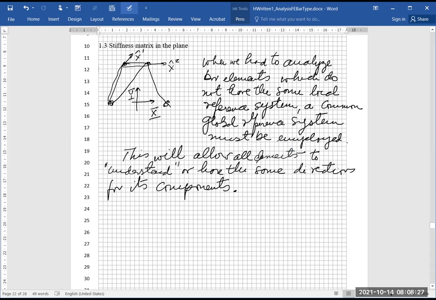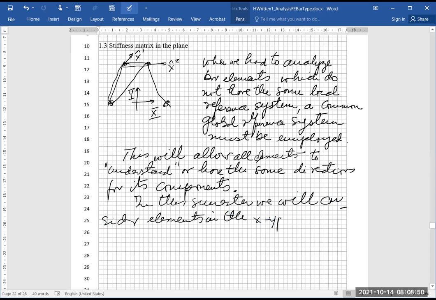Yes. Okay. In this semester, we will consider elements in the plane, the XY plane.